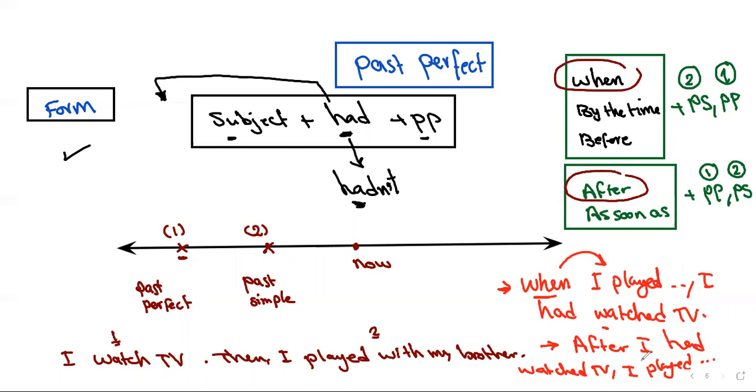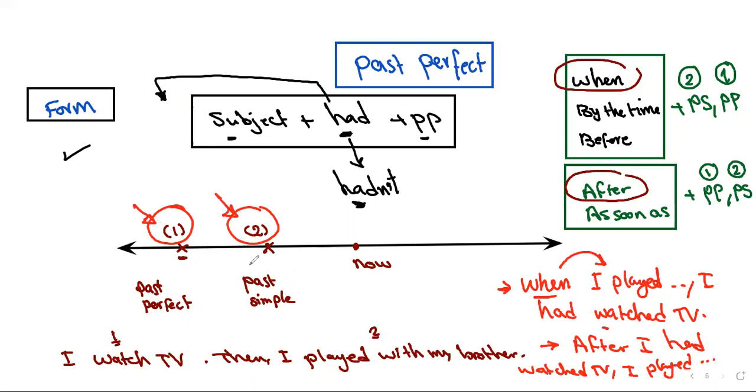And as you know, when, by the time, and before are followed by the second action first. After that, we have the first action. I had watched TV, and the first action, as you know, is in the past perfect. After we start with the first action first, which is in the past perfect.